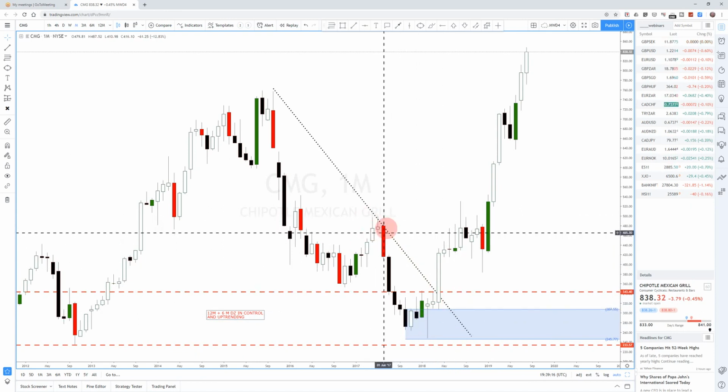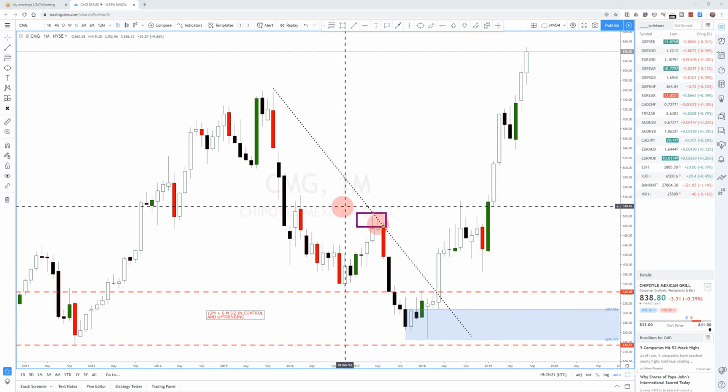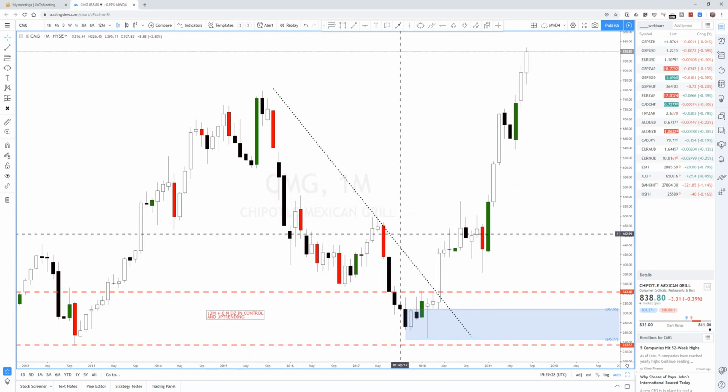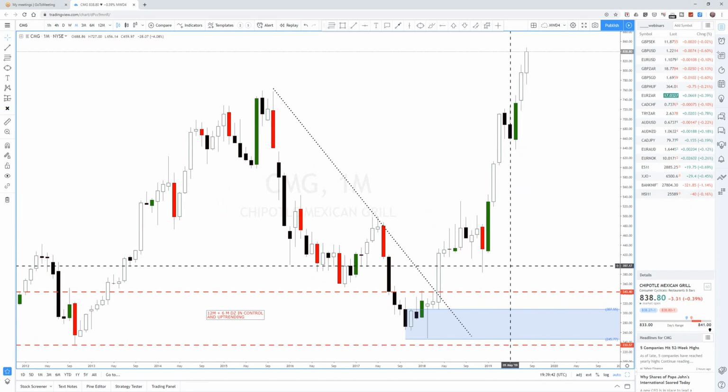This was a supply zone, and it was eliminated. But what happened here? Supply zone, after there was a trend line break there. So supply eliminated, but what happened there?